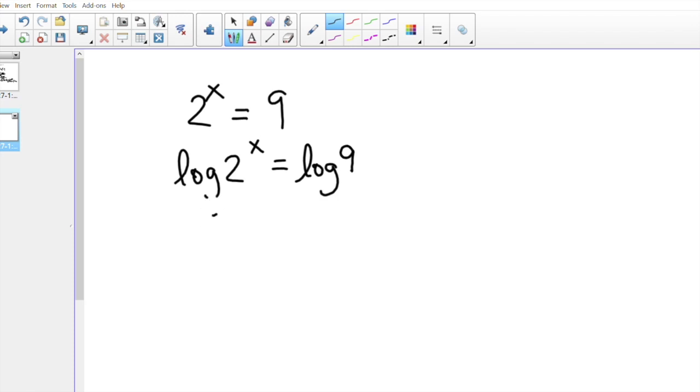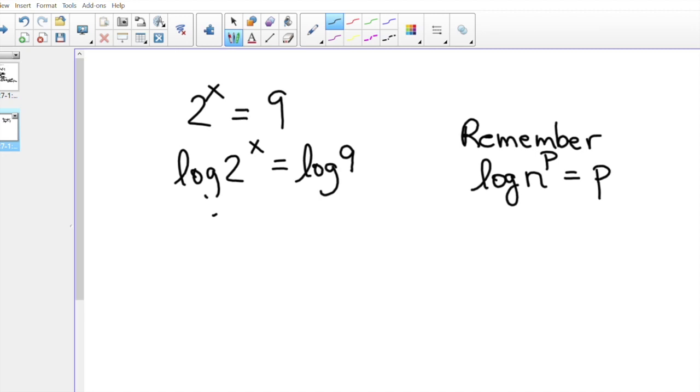Remember, each time we begin these problems, if you take the logarithm of a number raised to a power, you have to rewrite that as the power times the log of the number.